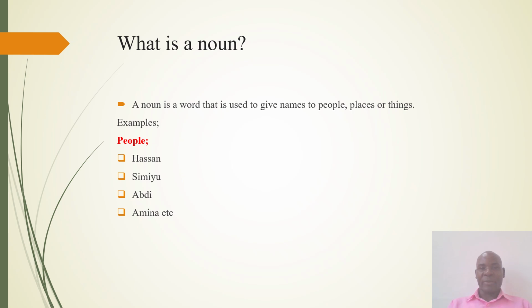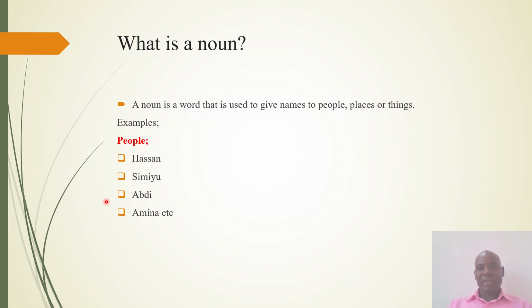Like for example, when you want to name people, these are names of people, and we are looking at names like Hassan. You can see Hassan here. Semiyu, Abdi, Amina, and many others.